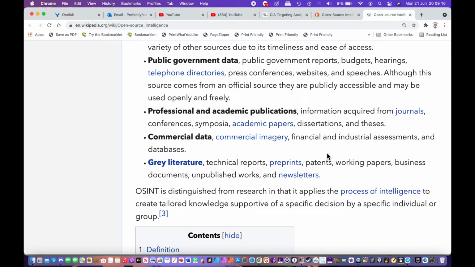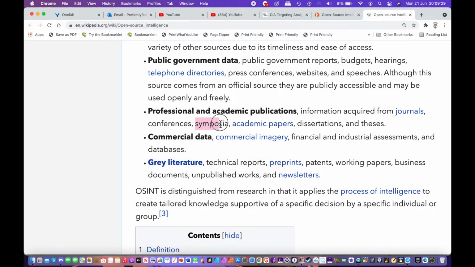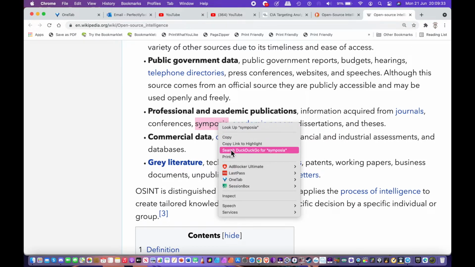Professional and academic publications. Information acquired from journals, conferences, symposia. What does that mean? We are going to look and see what that means because I don't know what that means.